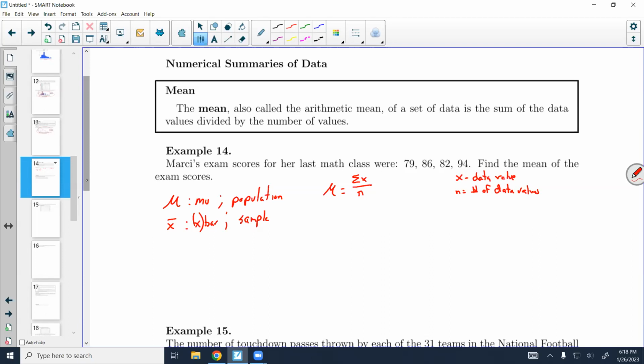So what this means is I add up all the data values. X bar is calculated the exact same way. Now, one of these formulas at least will be on the test if you need it. You will be given your formulas for the exam. Any formula you need will be there for you. I think I put them on the last page.